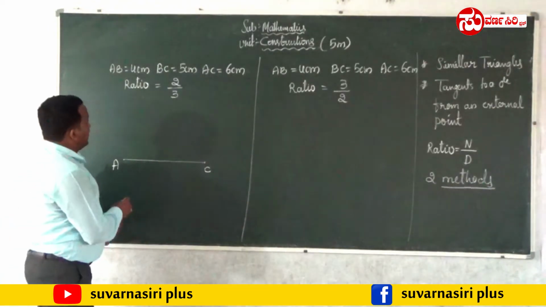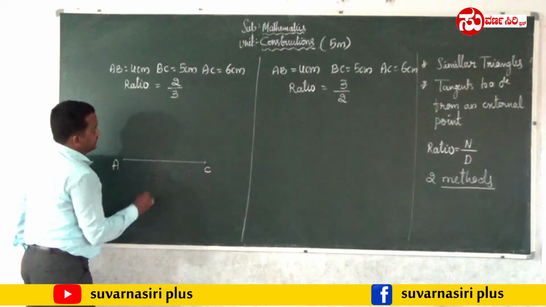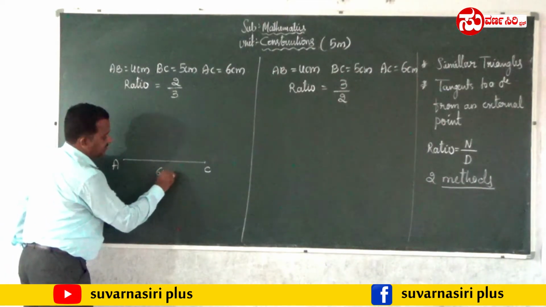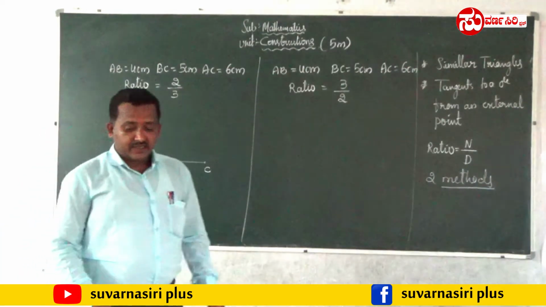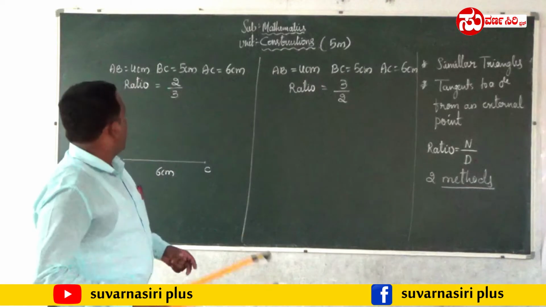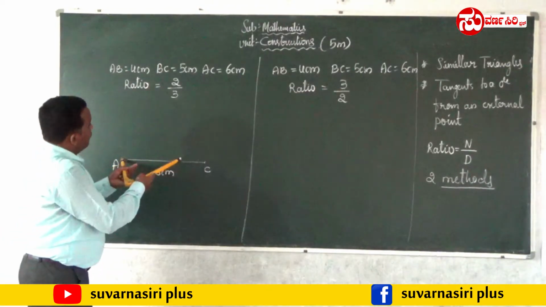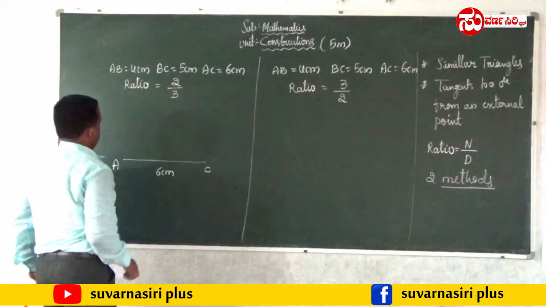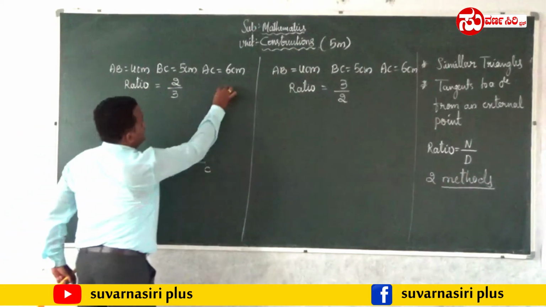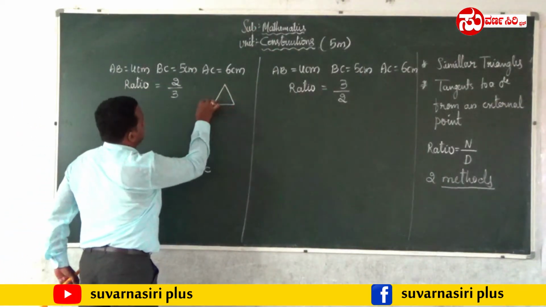First I have taken AC, that is 6 centimeter. Then take a compass and take the measurement of 5 centimeter. Draw one rough diagram here.